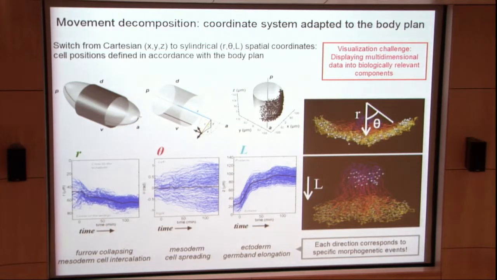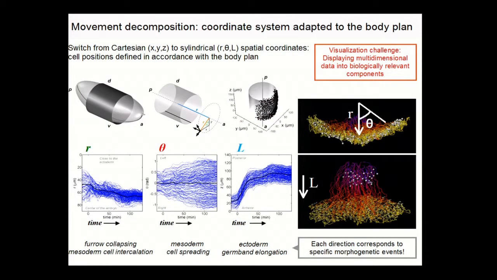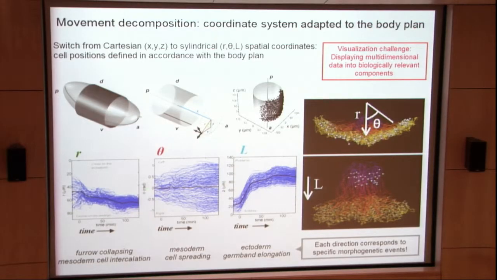In the radial direction, so from the inside to the outside, which is also the apical-basal direction of the ectoderm layer, you have the collapse of the tube. And then in the angular direction, which is basically the left-right direction of the body, you can see the spreading of the cells.